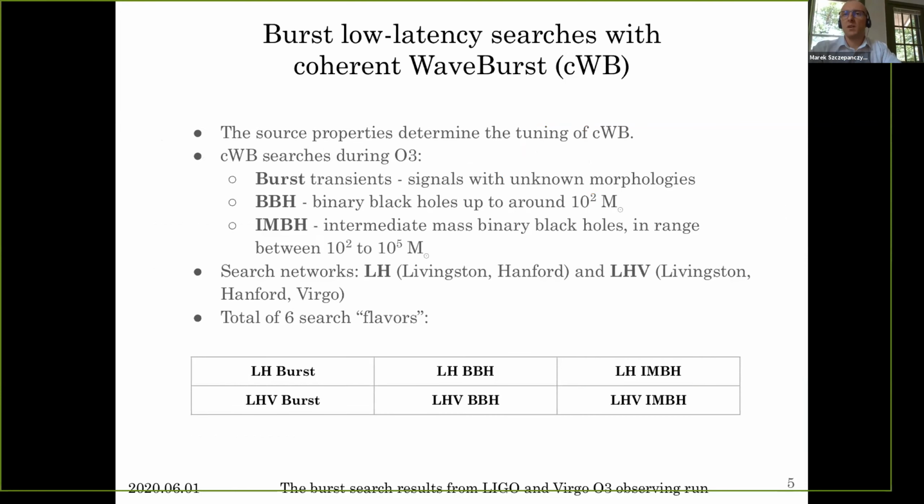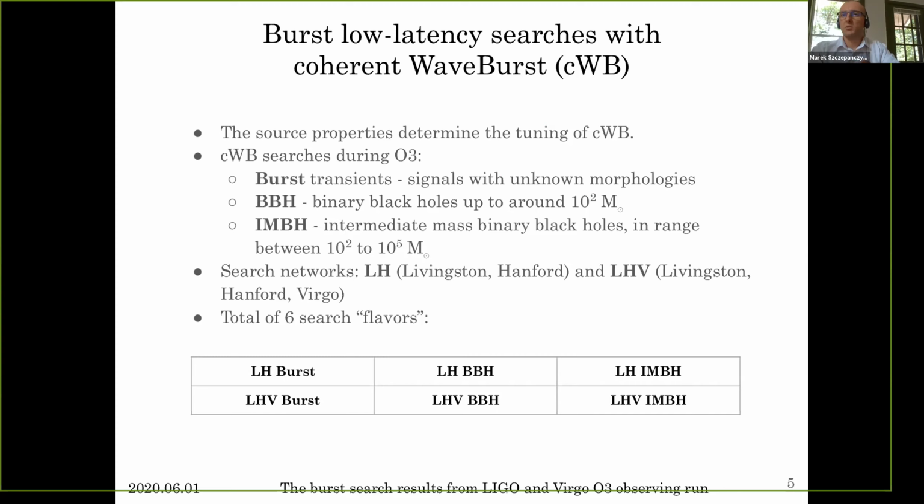During O3, we were conducting several, I would call them, flavors of the searches. We were searching for burst transients, which are signals when we don't know the morphology. Binary black holes focus: binary black holes up to around 100 solar masses, and intermediate mass black holes in the range between 100 and 100,000 solar masses.